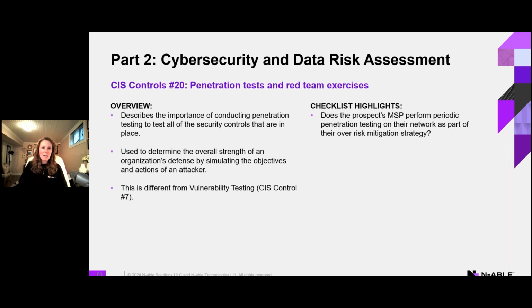within the network? Because it is by identifying these types of vulnerabilities that you are then able to build a plan, help the business stay on top of their security management, and build up their own internal security awareness. This is different from vulnerability testing, which was control number 4.